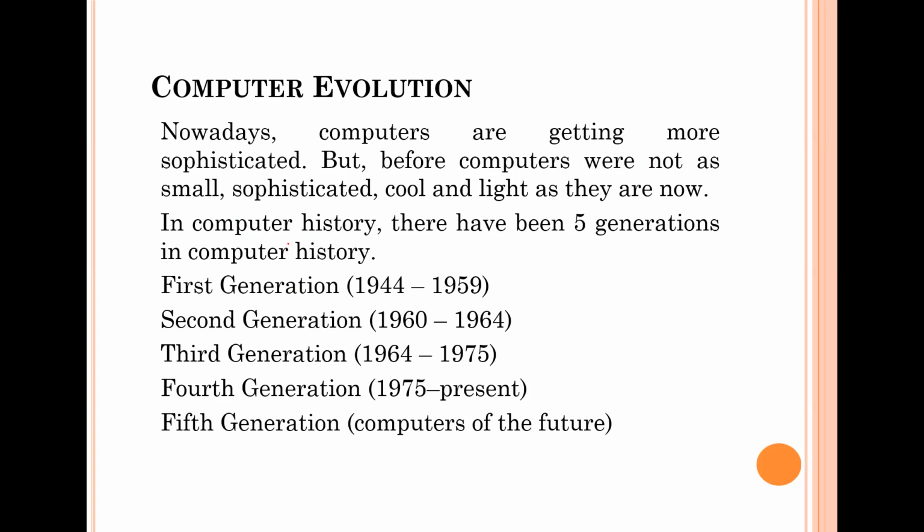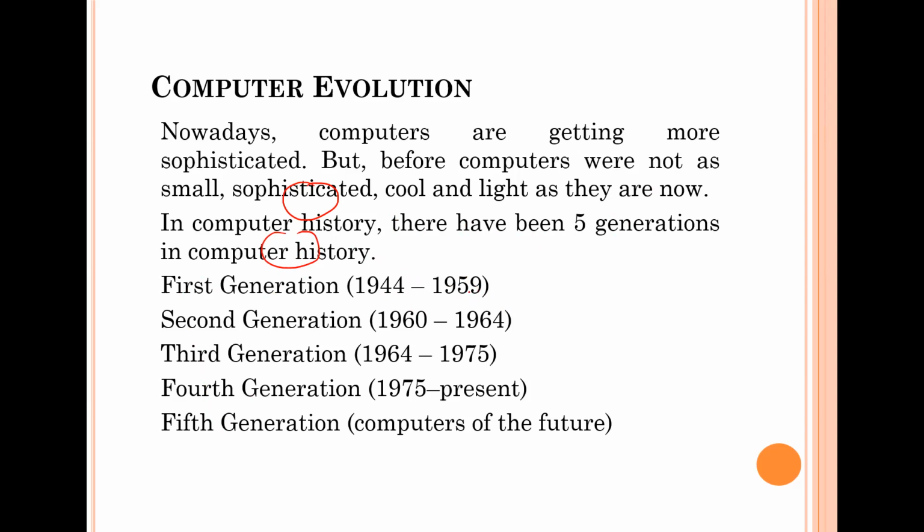That's actually pretty sophisticated and of course helps our work become faster and better. But if we look back at the history of computer generations, we can see there are the first, second, third, fourth, and fifth. The first generation is very long ago, 1944 to 56.